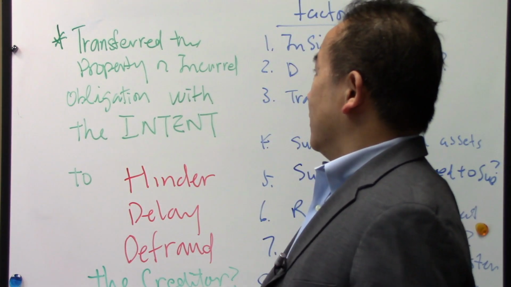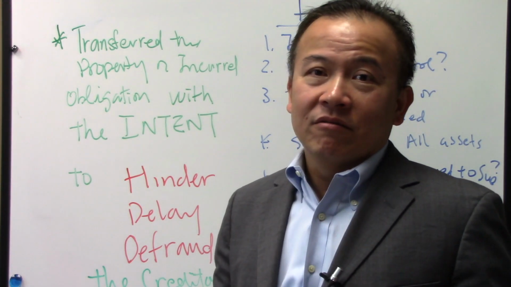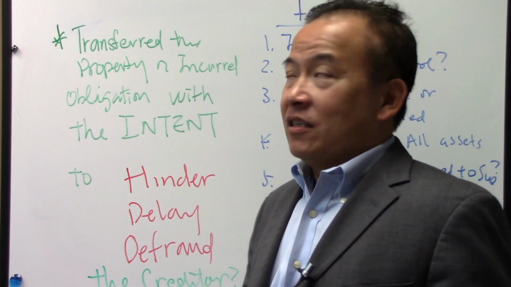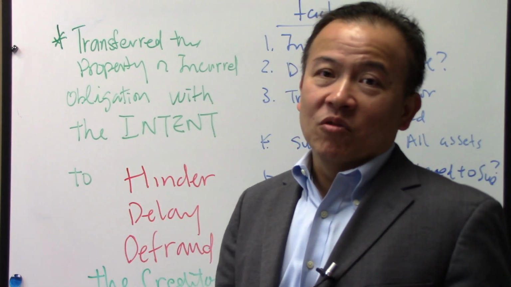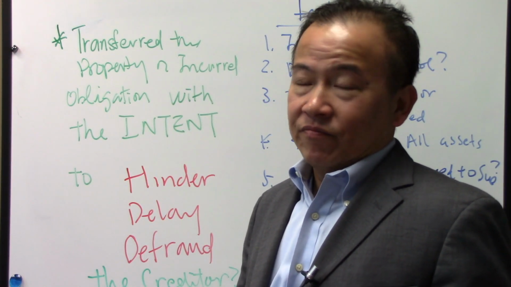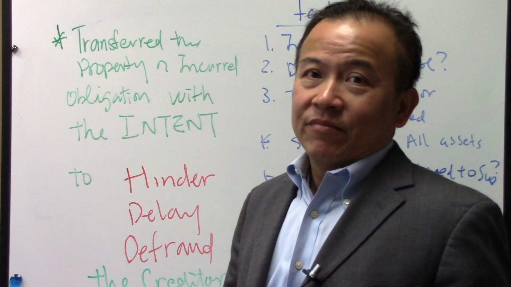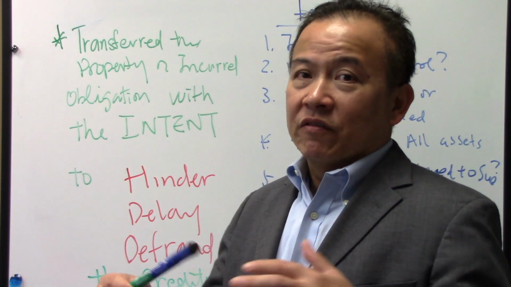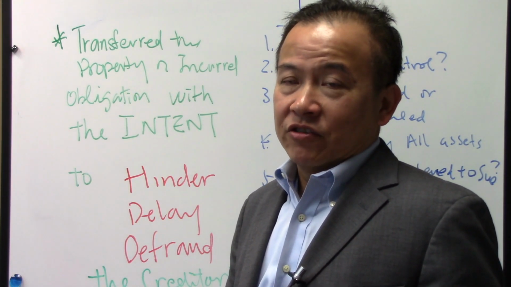We also talked about how, out of the 5 elements, the number 3 element is the most litigated issue, meaning that is the focus of the whole litigation of fraudulent transfer.